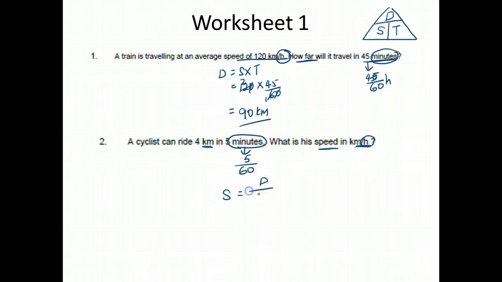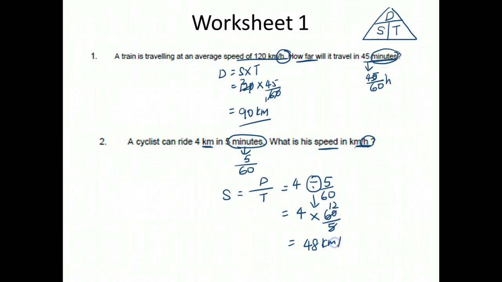Speed is distance divided by time. So our distance given is 4 kilometers, divided by our time, which is 5 out of 60. So we have a division. We have to change to multiplication, and we invert our fractions. So the answer is 48 kilometers per hour.